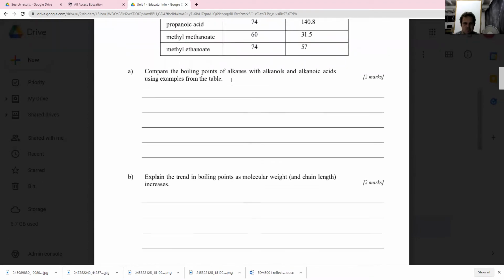So when you're asked to explain, which is a cognitive verb, we like to use, but no one understands what it actually means. This is where you need to analyze. So what's happening to the boiling point as the chain length and by default, the molecular weight increases?